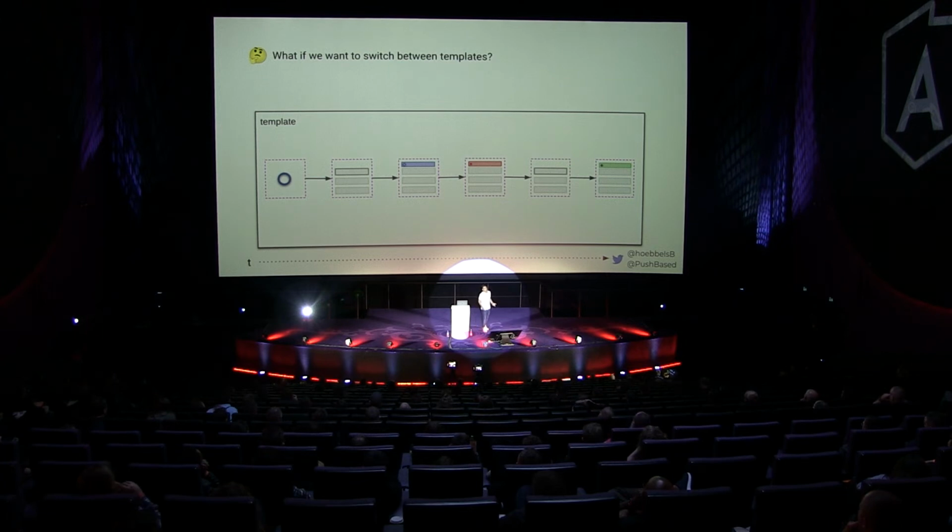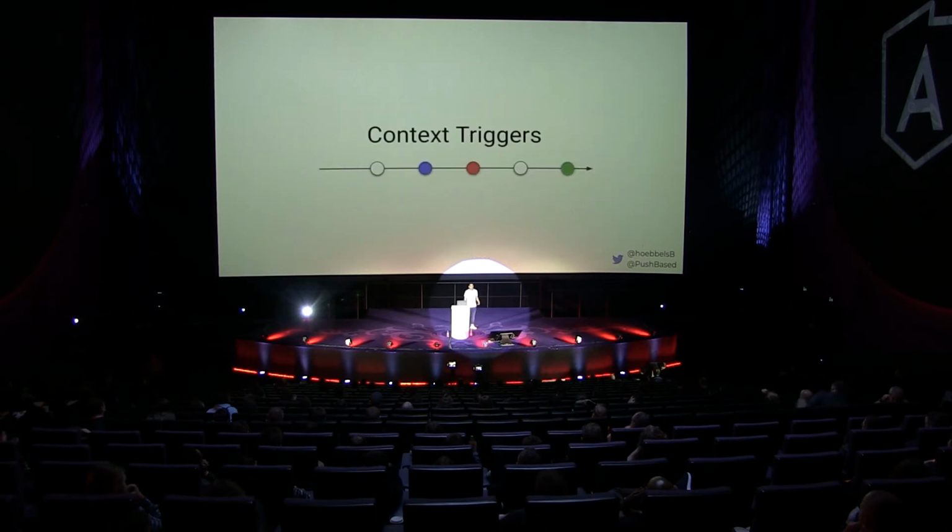There's something missing. For example, if we want to implement a search, we have to show an initial loading state, so initial suspense, then data, back to suspense, maybe an error, recover from it, data again. In order to make this possible, there's a new API which was recently released to the RxAngular repository, to the let directive, I guess, and this is context trigger.